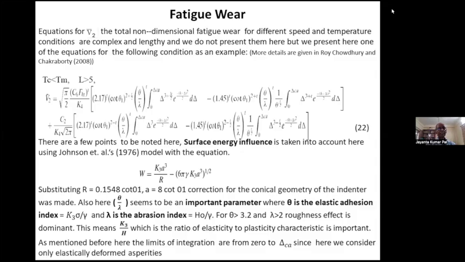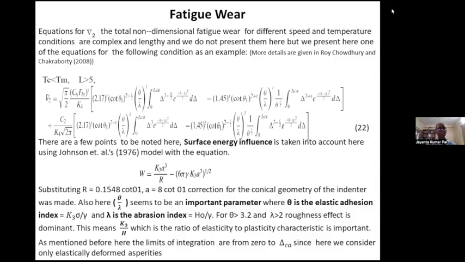We present here the equation for contact temperature less than melting point and Peclet number larger than 5, that means high speed.